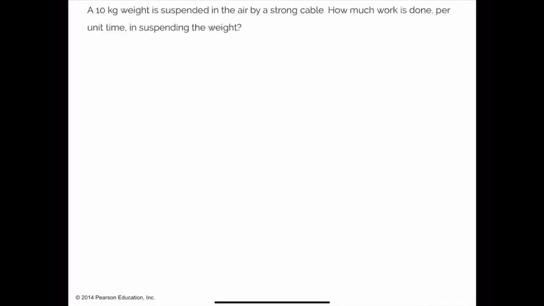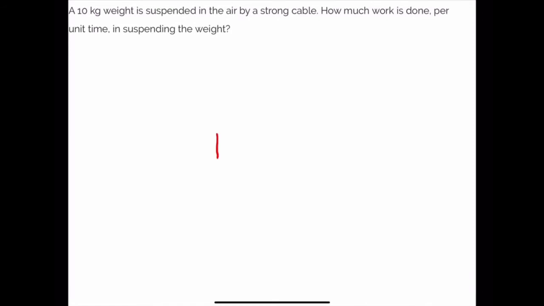A 10 kilogram weight is suspended in the air by a cable. How much work is done in suspending the weight? Pause the video for just a moment, take a look at that one and see what you think you can come up with. Okay, so let's get the situation here.